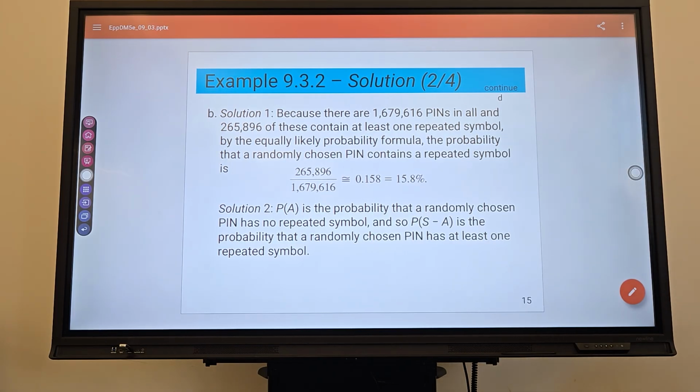Solution. The other way to approach it: P of A is the probability that the randomly chosen pin has no repeated symbol, so that P of S minus A is the probability that a randomly chosen pin has at least one repeated symbol.